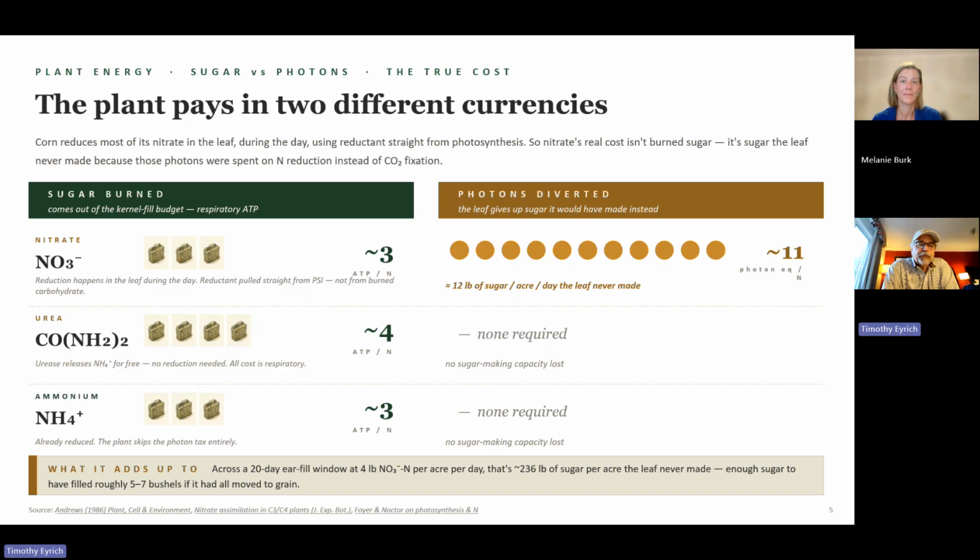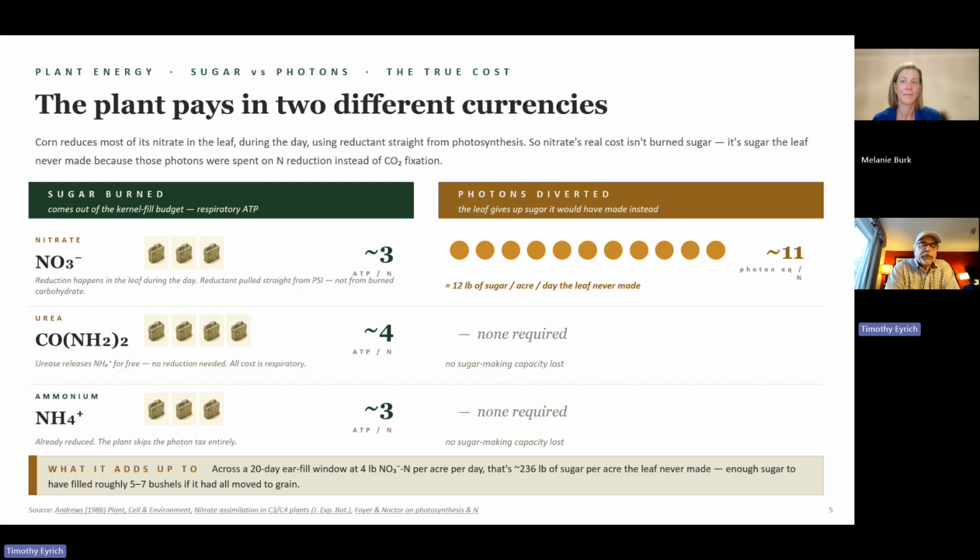The big payoff of this is if we look at this 11 pounds per acre per day of sugar that the plant never makes because it's trying to make nitrate usable to the plant, that is probably 5 to 7 bushels per acre, just in the loss of that sugar not being made that the plant would have used to make an ear. That's maybe popping a 16 to an 18 or an 18 to a 20.